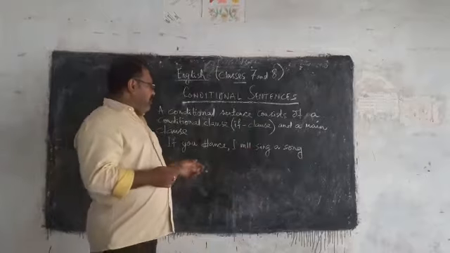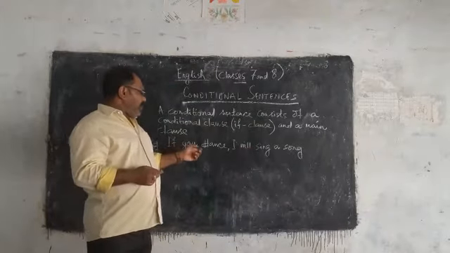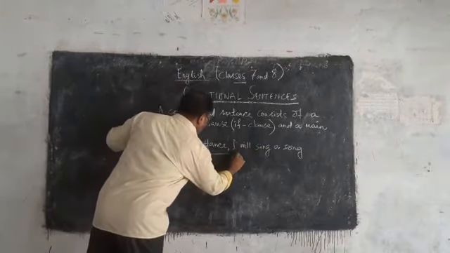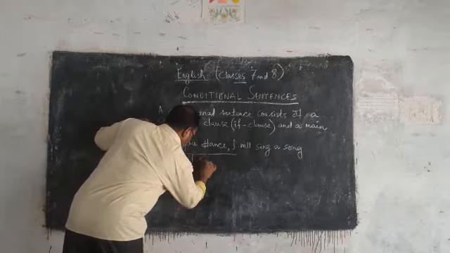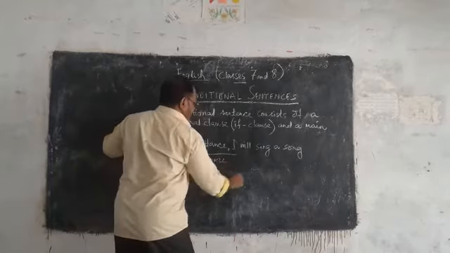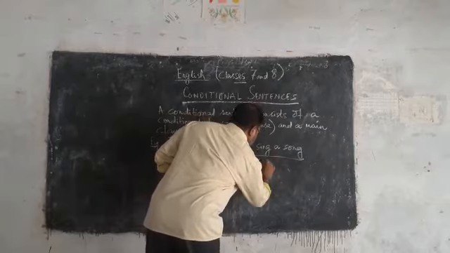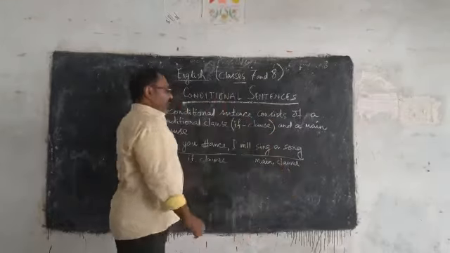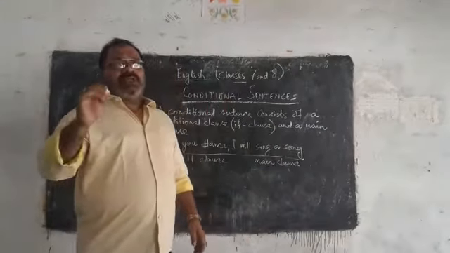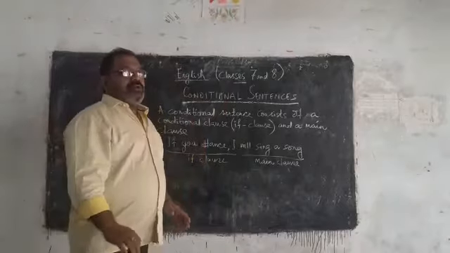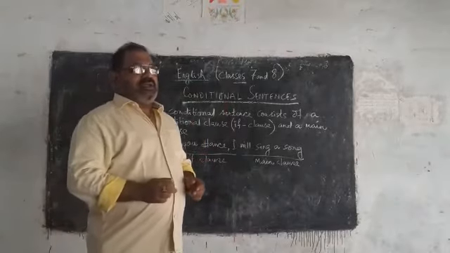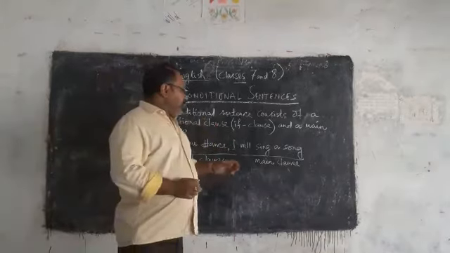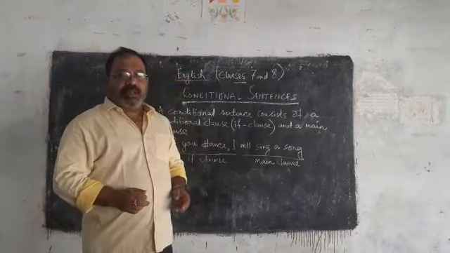Now when a sentence is in if clause, we separate the if clause from the main clause. This is the if clause, and this part of the sentence is the main clause. If we use the if clause first while constructing a sentence, then we put a comma after the if clause and then carry on with the main clause.